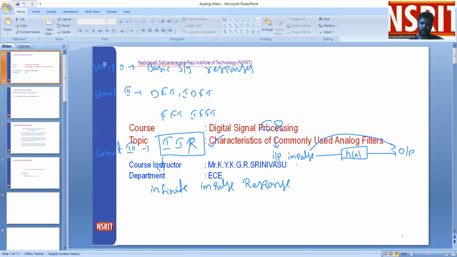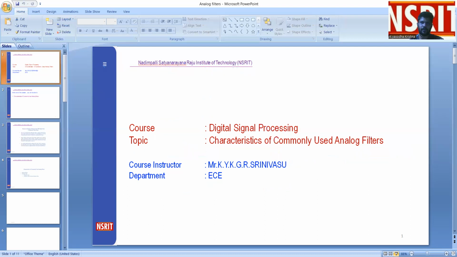Now coming to the basic definition of IIR. Is it recursive or non-recursive? All these things we will discuss clearly one by one. First, keep in mind that all digital filters are generally LTI systems, that is, linear time invariant.